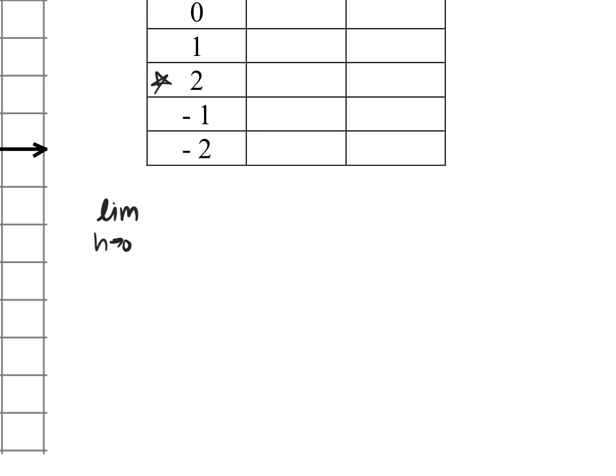I'm looking at a specific point, so I am plugging in 2 plus h. So 2 plus h minus f of 2, all divided by h. That is my definition of a derivative at a point, okay? Sure, we'll go with that.